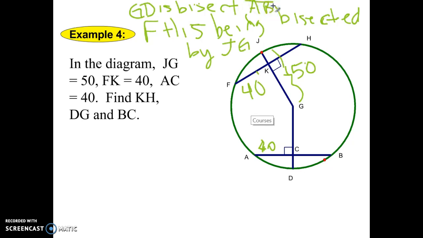All right. So using these two pieces of information that they are being bisected, see if you can find KH, DG, and BC.